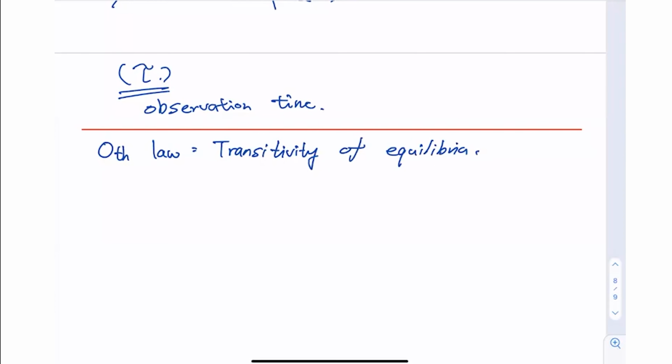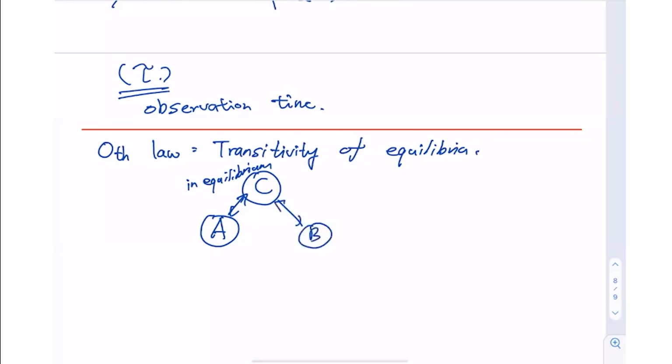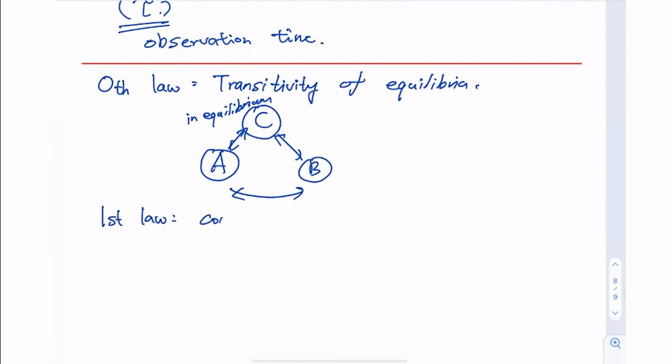What that means is that if A and C are in equilibrium, and if B and C are in equilibrium, then A and B are in equilibrium. So that's just the zeroth law of thermodynamics, and the first law of thermodynamics is related to the conservation of energy.